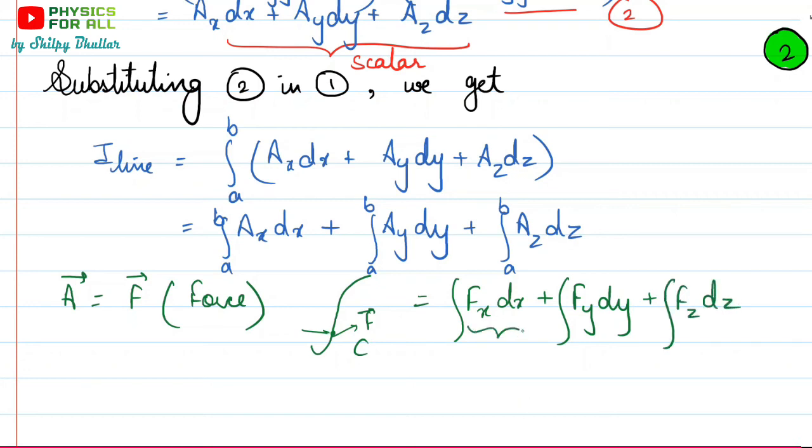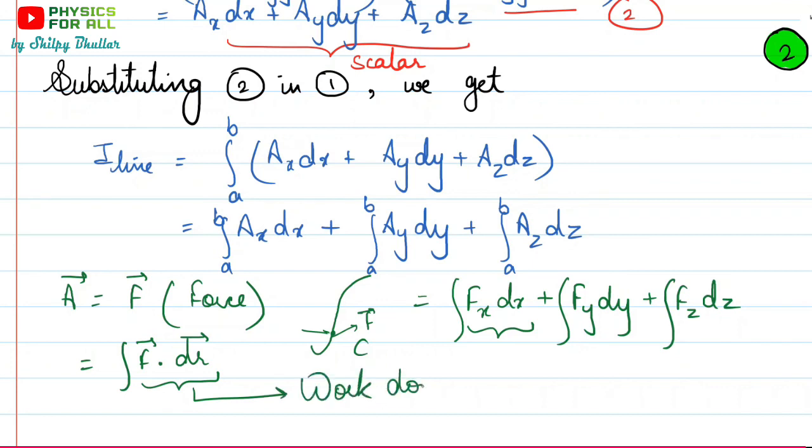Can you tell me what this quantity is? Or in general, we can mention that it would be F dot dr. Do you remember what this quantity is? This is work done by the force. Remember the formula of work done?